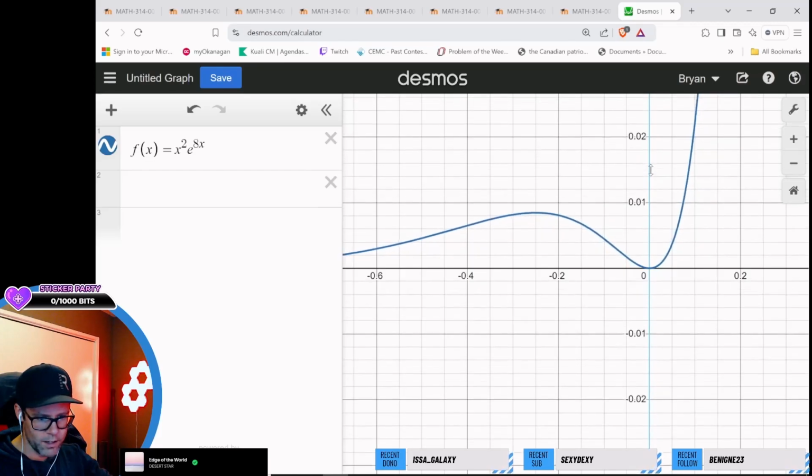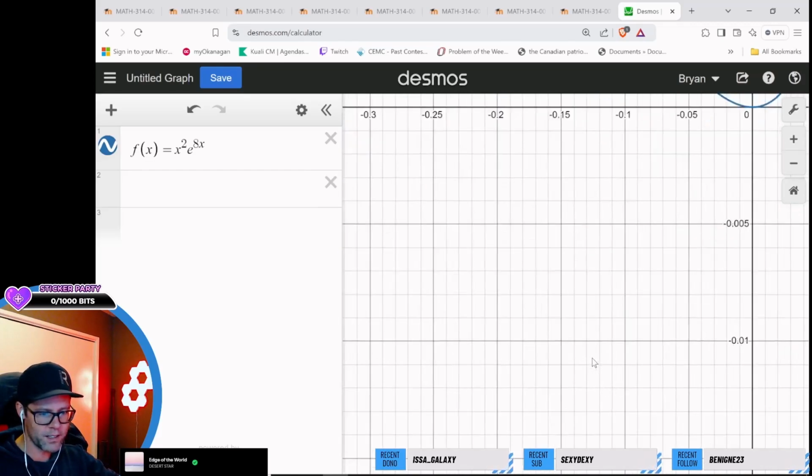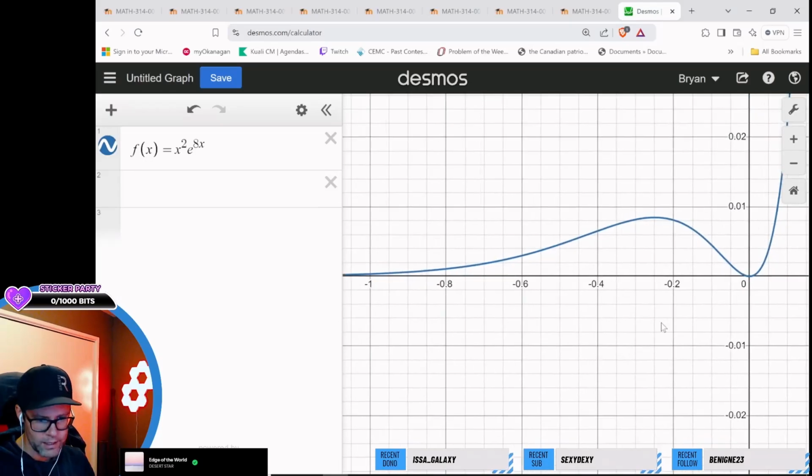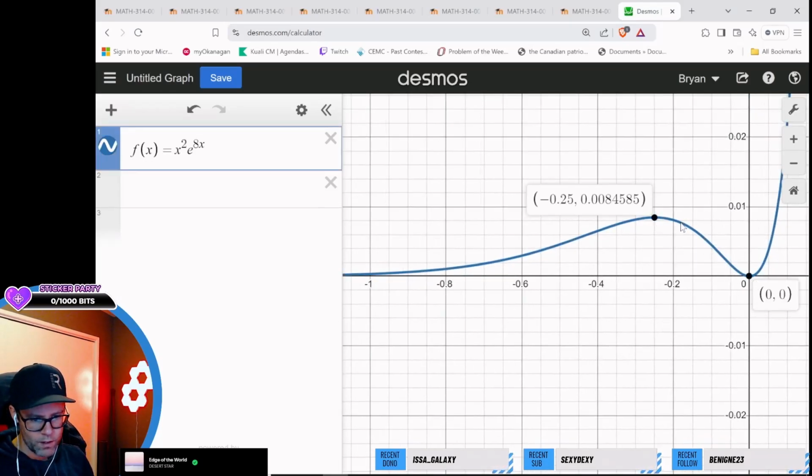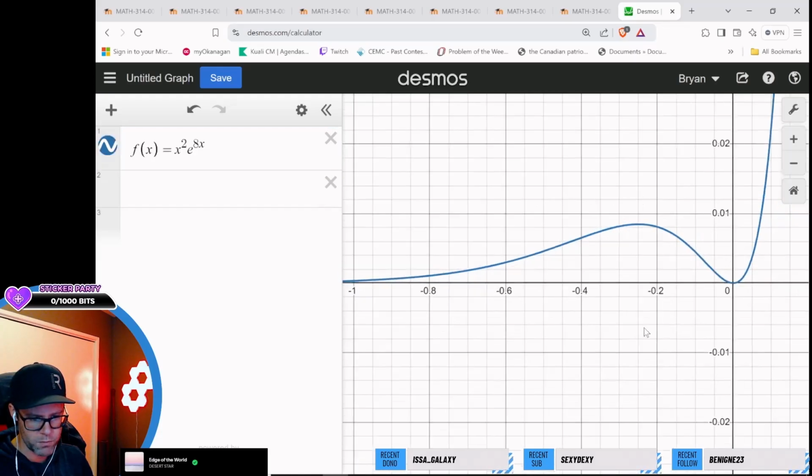Let's really stretch out this y-axis so we can see the behavior of this function. I can see there's a minimum here. We have our maximum here. And then somewhere in between this min and max is going to be our inflection point that we found. And then there's another inflection point over here because we're concave down in here. And then we hit an inflection point, and then we're going to be concave up as we head towards this horizontal asymptote. So very, very weird behavior with this particular function.